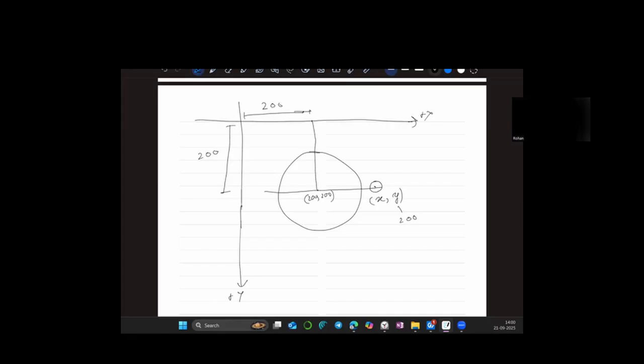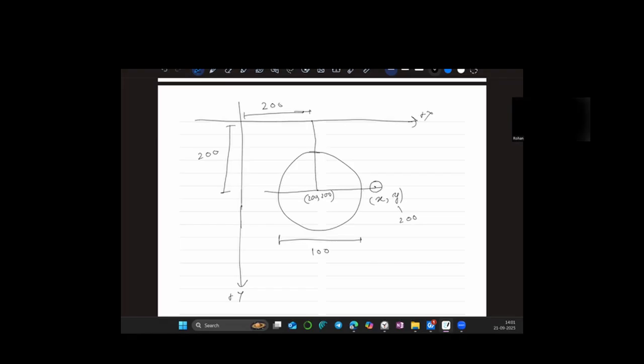And what about the x-axis? If you want to create a circle that is at a certain distance from here, we also have to take into consideration the diameter of the smaller circle. So suppose I create the circle with a diameter of 20. That means the radius is going to be 10. And we already know that the diameter of this circle is 100.